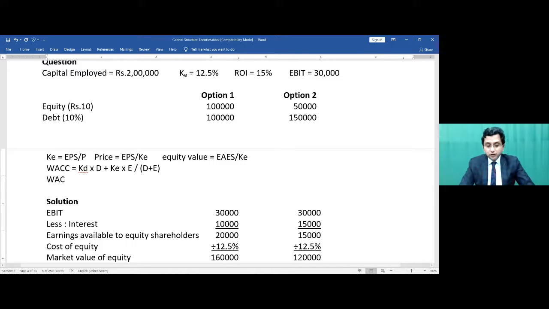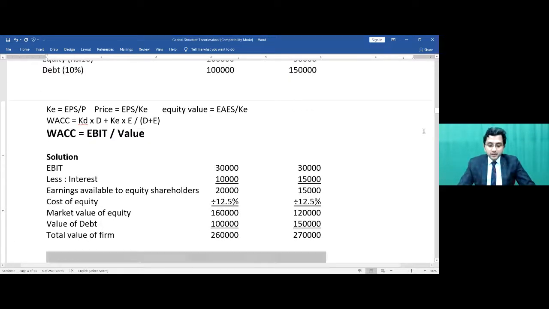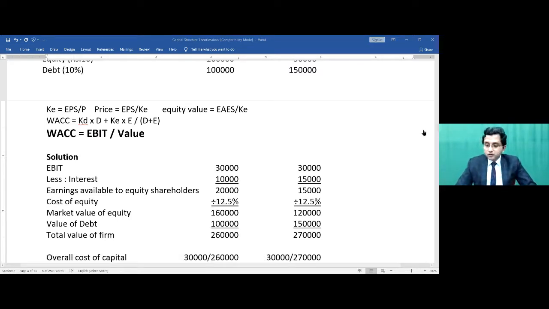But today, for the purpose of this chapter, I am giving you another formula to calculate the weighted average cost of capital. And this is EBIT divided by total value of the firm. So here I do it the same way. EBIT is 30,000 and value of firm is 2,60,000.